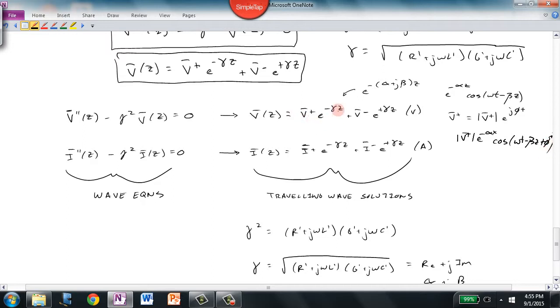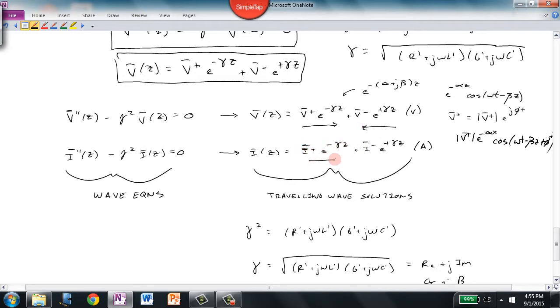So this whole thing represents a cosine voltage wave traveling from left to right. And similarly, this portion here represents a cosine voltage wave traveling from right to left along the transmission line. So we've got a voltage wave moving in that direction, and a voltage wave moving in that direction.